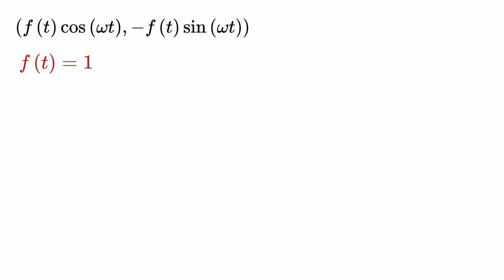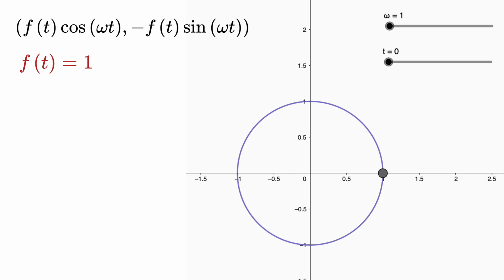Consider this f of t is just 1. Now, fix a value of omega and rotate this point. So what we get is simply a circular path like this, right? Even if we change the value of omega, we still get this curve. Note how this curve is fully symmetric around the origin.